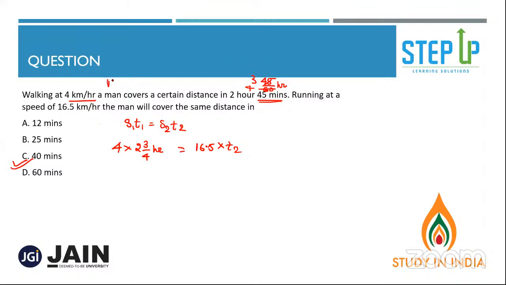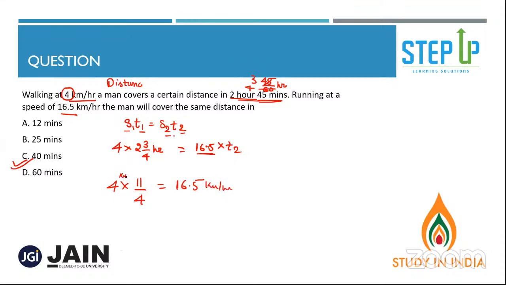So distance is constant again. The same distance, if he's walking at 4 km/h, he will take this much time. If he's running, he will take less time. So distance is constant, so I equated S1 T1 is equal to S2 T2. S1 is 4 km/h into 2 and 3 by 4, that is 11 by 4, is equal to 16.5 km/h into T2.